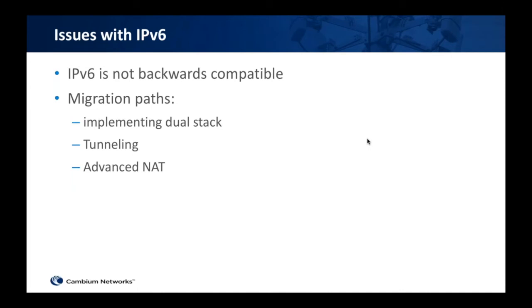There is a way to do tunneling. So if you have two routers and between them is the only IPv6 network, you can tunnel inside this IPv6 network IPv4 clients' data.